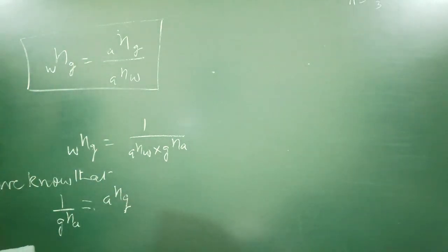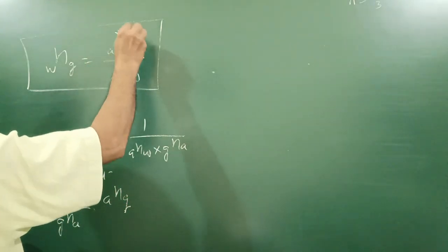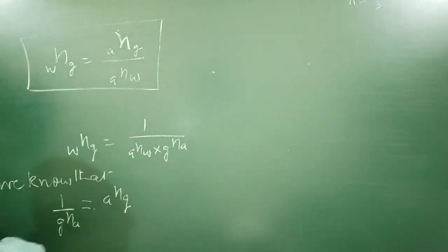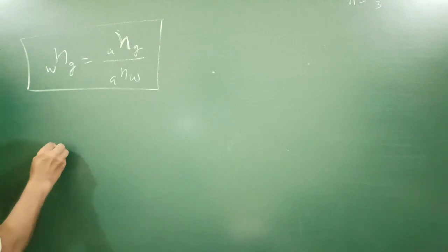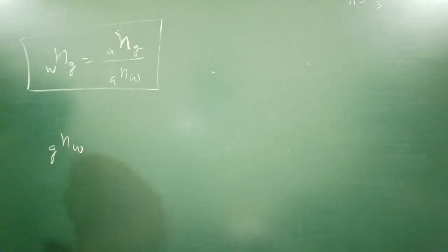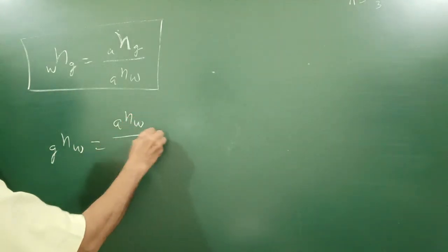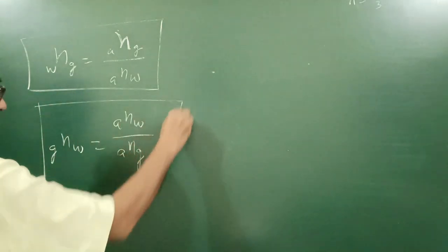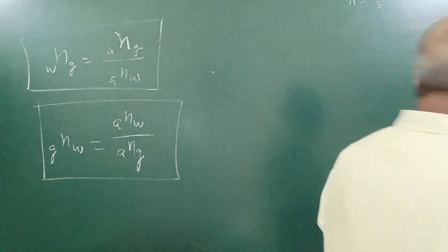Wherever we need this, we divide the index of the given material by the index of the medium with respect to which we want to find it. If you need the index of water with respect to glass, then you can write aμw upon aμg. I told this for this purpose only.